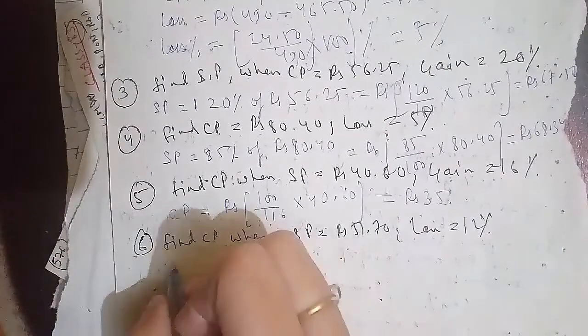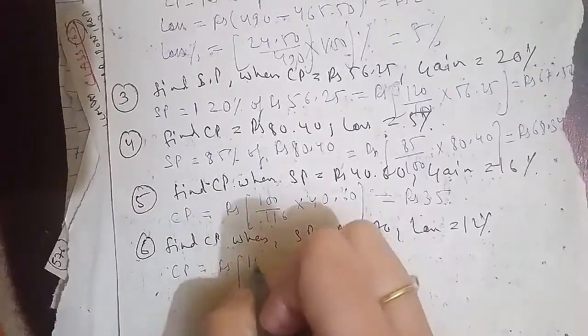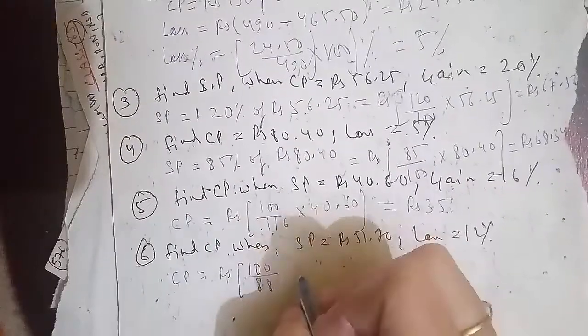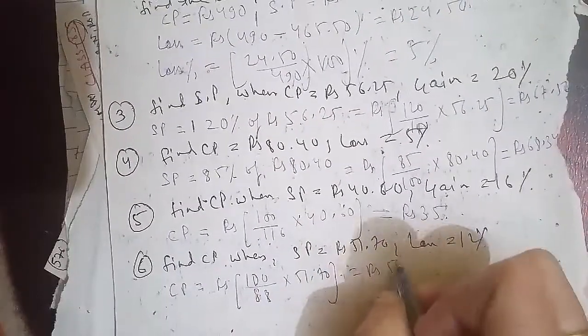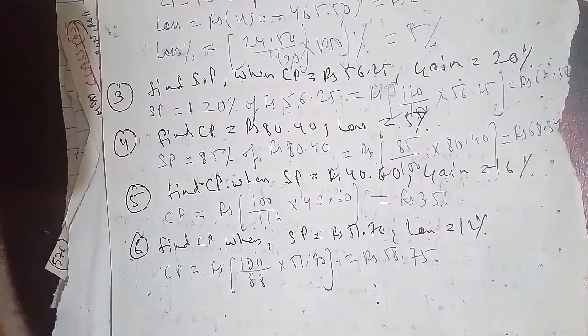So we find out for the same. CP is equals to rupees 100 upon 88 into 51.70, which is equals to rupees 58.75 that we have as an answer. Now we go ahead for the next, which is an important one.